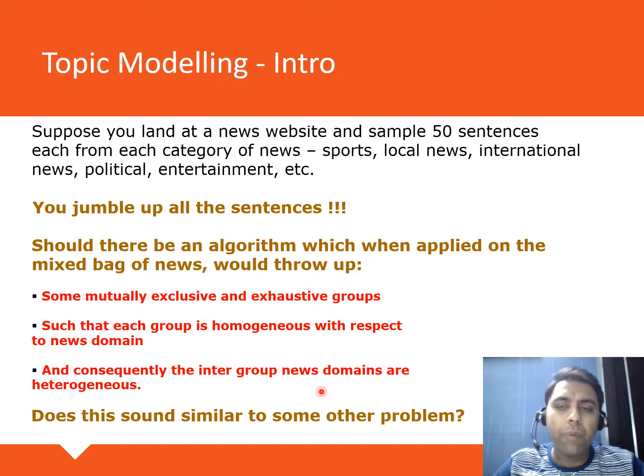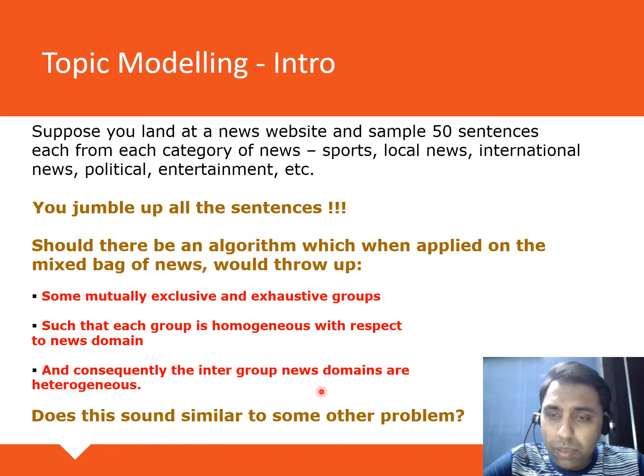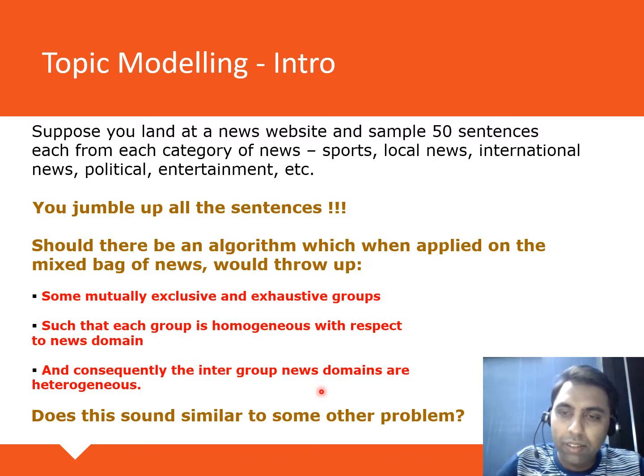Is this a similar problem that you have solved or faced in some context or the other? And I'm sure this is indeed ringing a bell for most of you looking at this video, because this problem of topic modeling is kind of analogous to the problem of clustering that we have often done on numeric data.